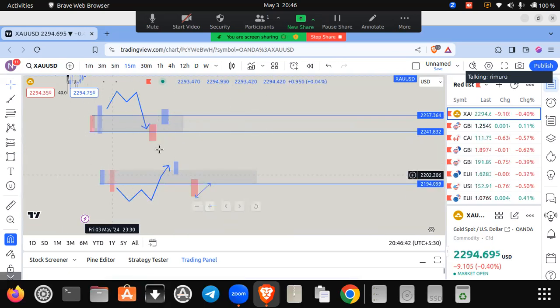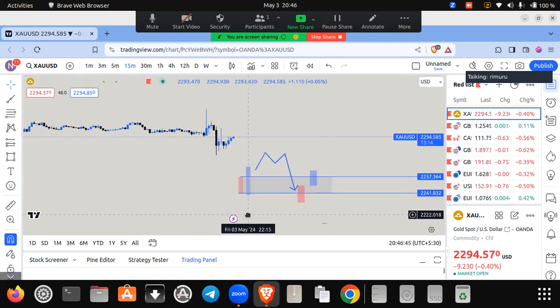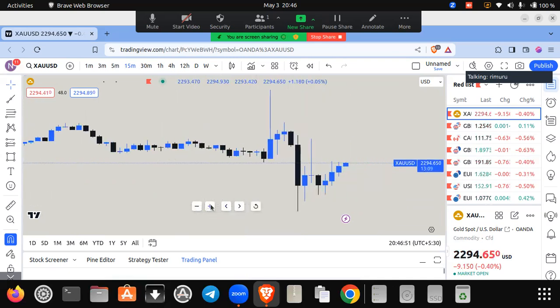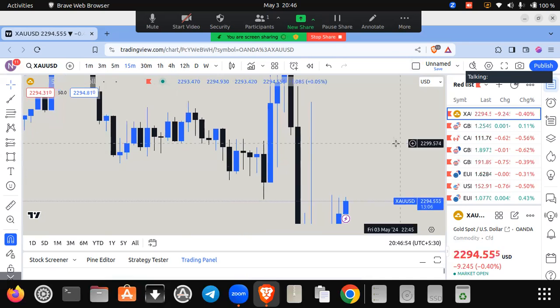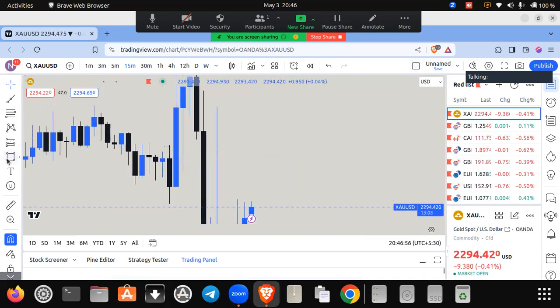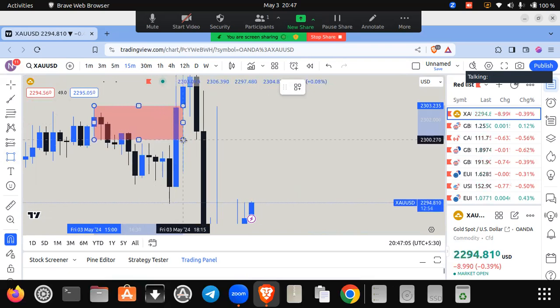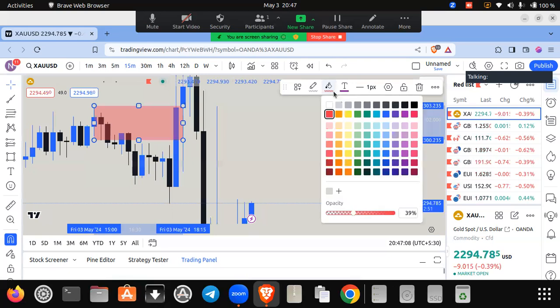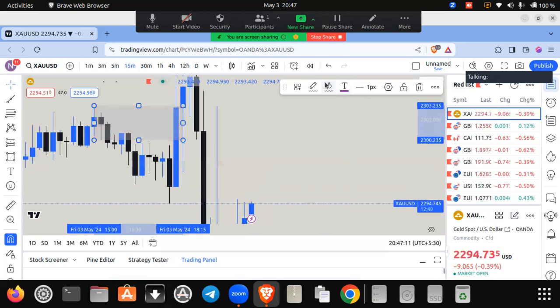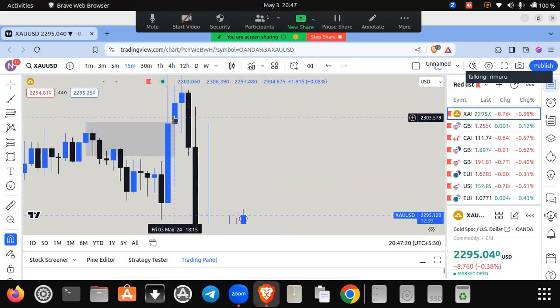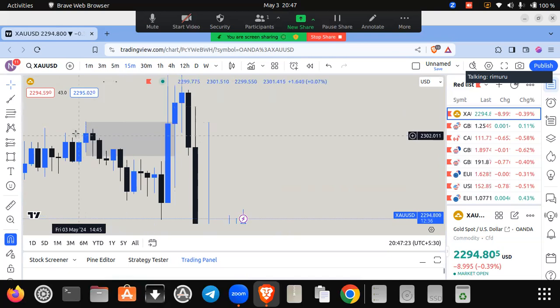So let's move to examples. I'll show you how to mark in live. So I'm on 15 minutes time frame. As you can see, there is an engulfing sell here, and this bullish candle broke this engulfing sell.